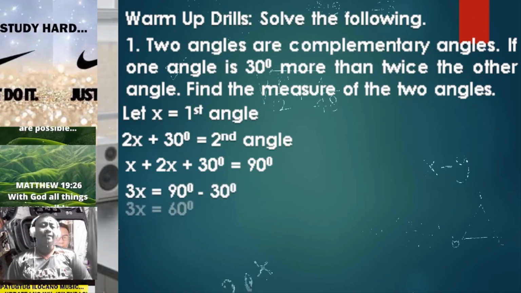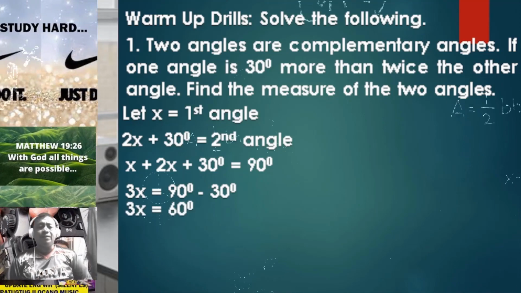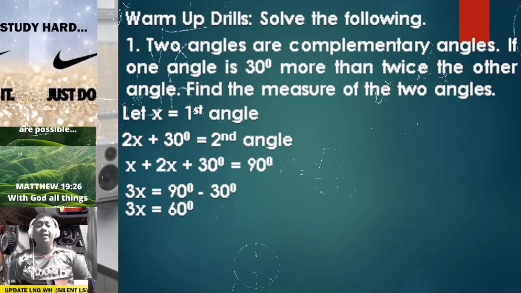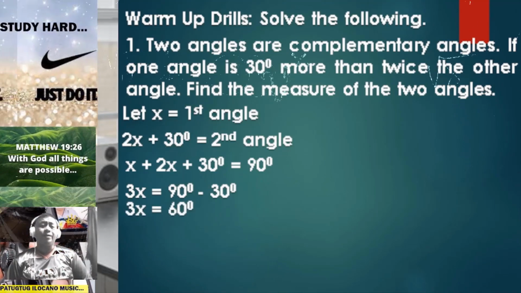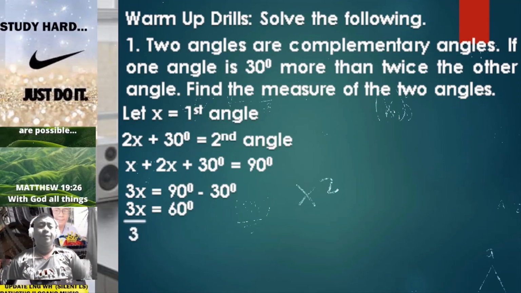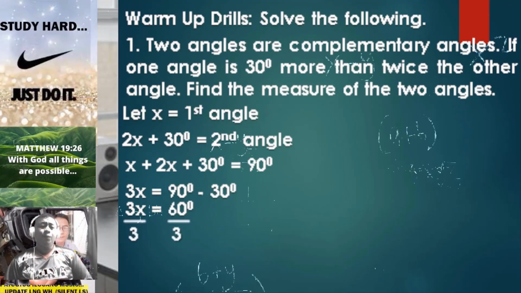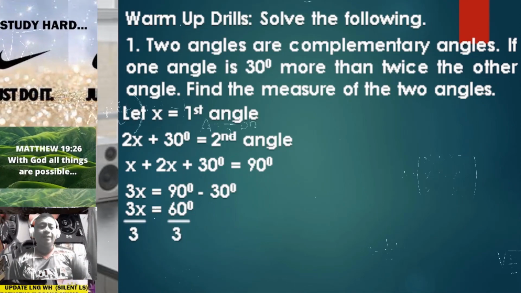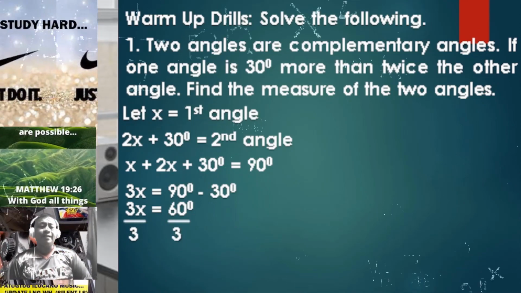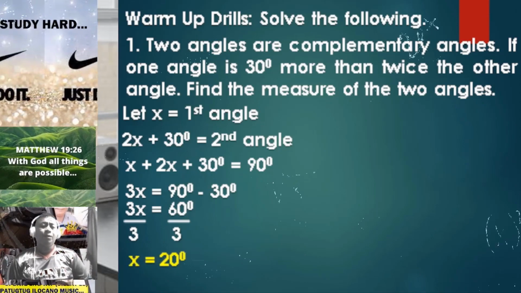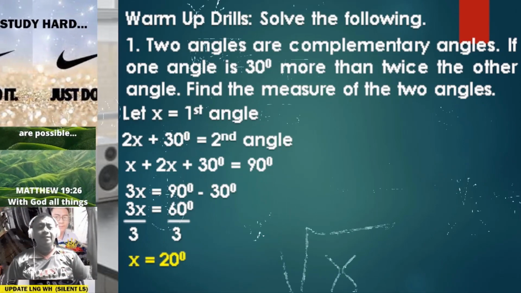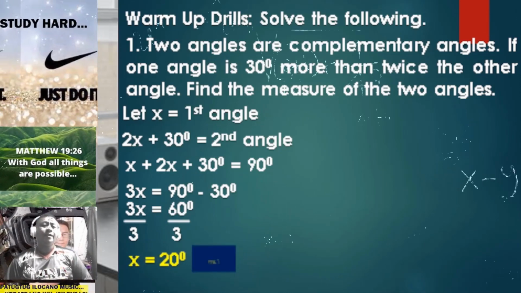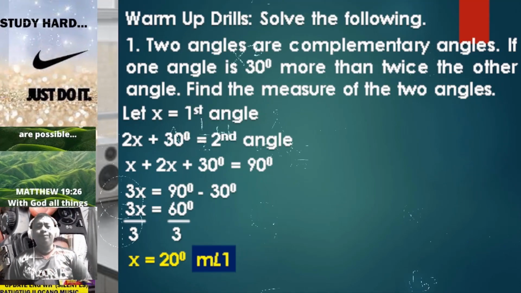Simplifying further, 3x is just equal to 60 degrees. Dividing both sides of the equation by 3, we have 3x over 3 is equal to 60 degrees over 3. From here, x is just equal to 20 degrees. This is simply the measure of the first angle.